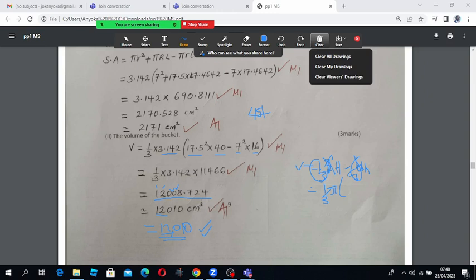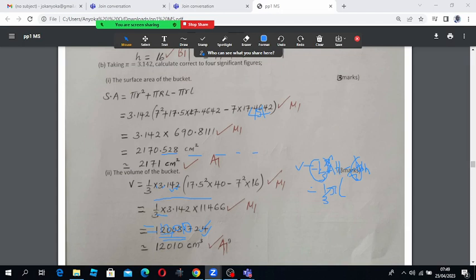I have a question. Yes. In part 1, you have said we are supposed to use pi r squared, like we add to pi r l. If you are given a pail that is open or closed, you are supposed to use the same formula by adding pi r squared.